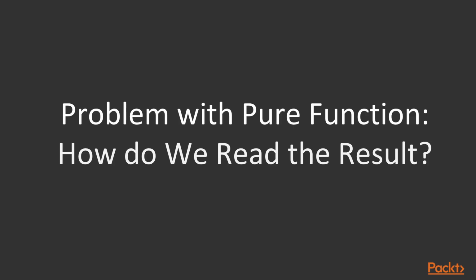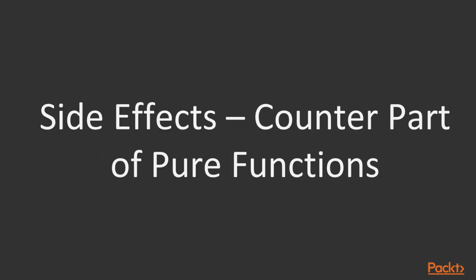If they cannot touch external state or any input-output, then how do we, the people, read the result from them? We need the other type of functions, the counterpart of pure functions. They can read and write to the console, files, networking, and generally perform input-output operations.